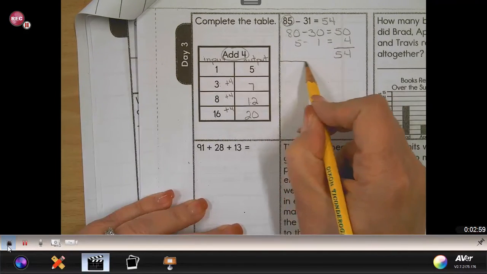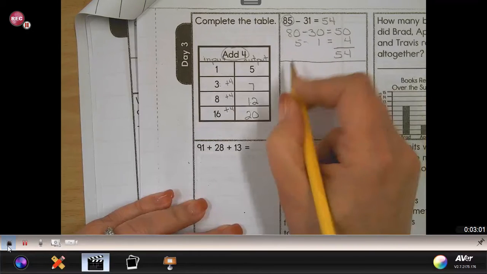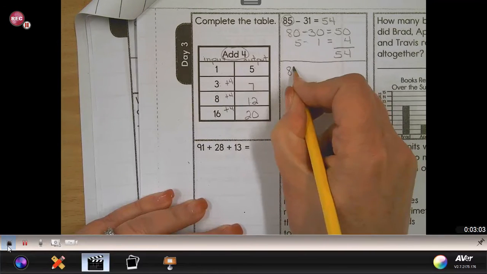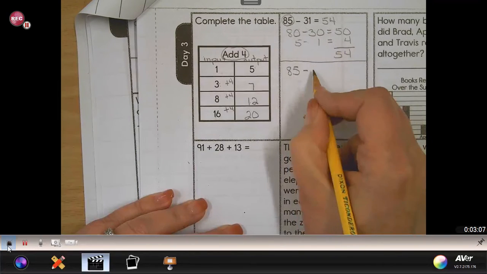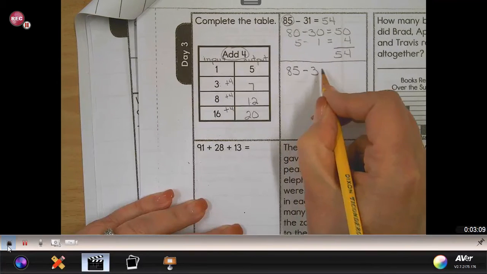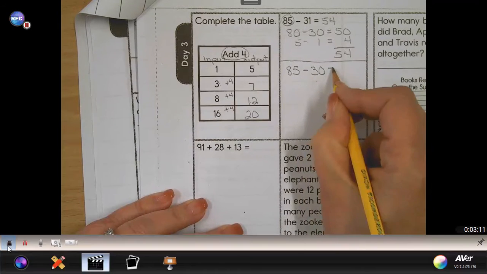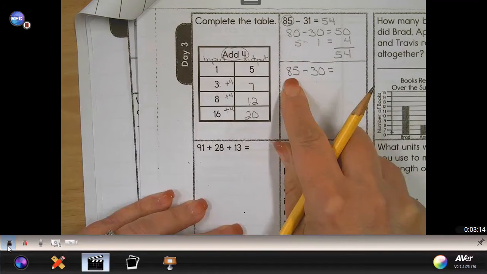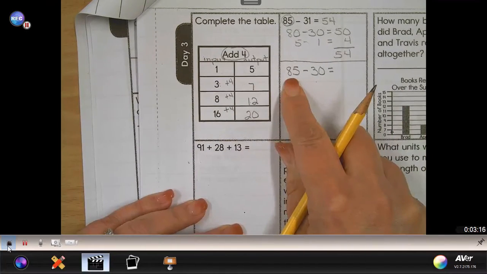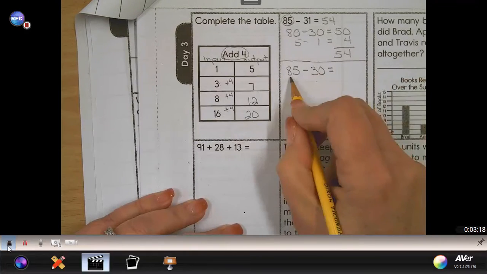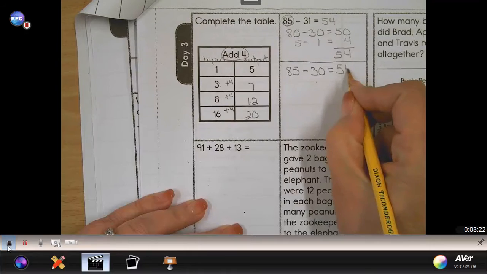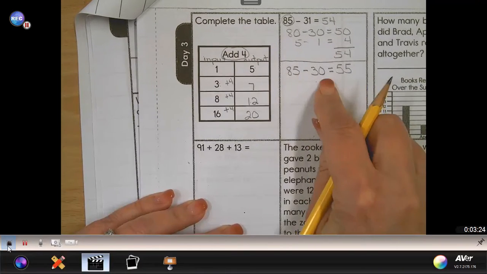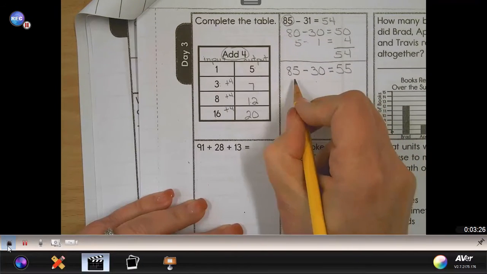So another strategy that we can do, a mental strategy, is we start with the total. We subtract the 10s, or we could subtract the 1s if we wanted, but I think it's easy to subtract the 10s first. So we would subtract 30 from the 85. We subtract 3 10s from the 80, so that would give us 50. And we'd still have the 5 because we're not subtracting the 1s yet.